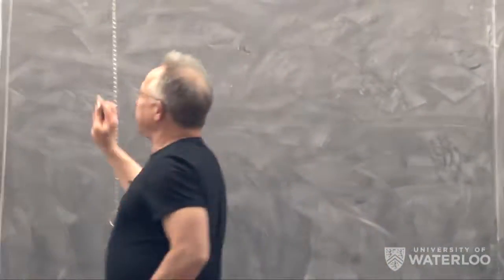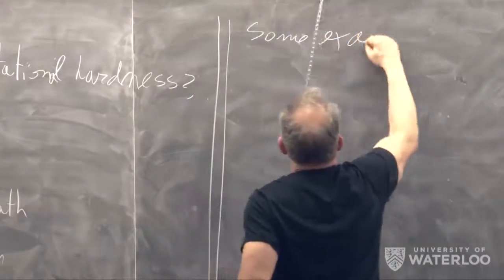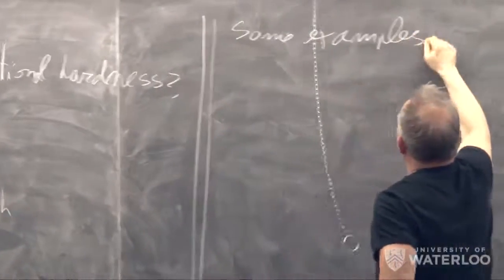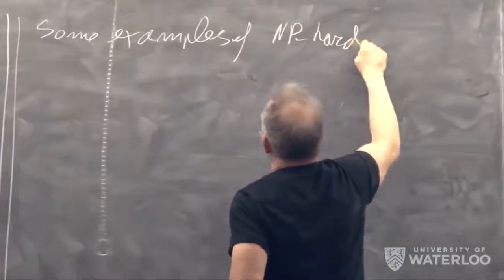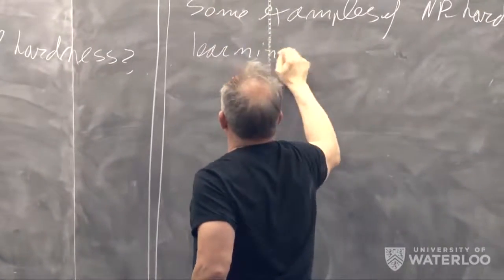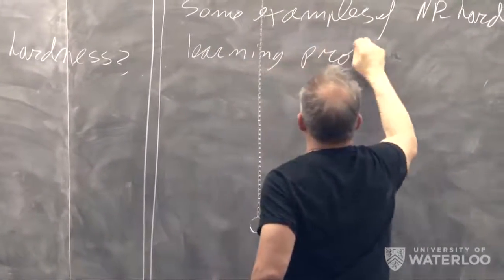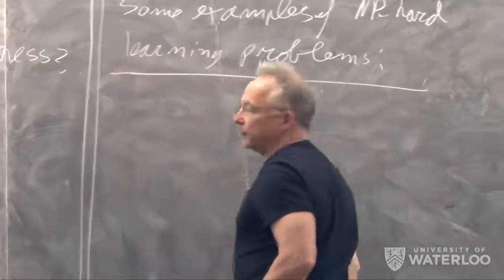So just some examples of NP-hard learning problems that we may care about. Let me start with something that we've already seen.